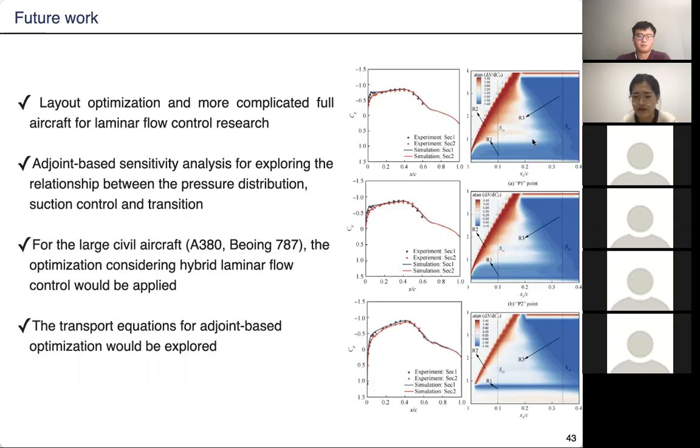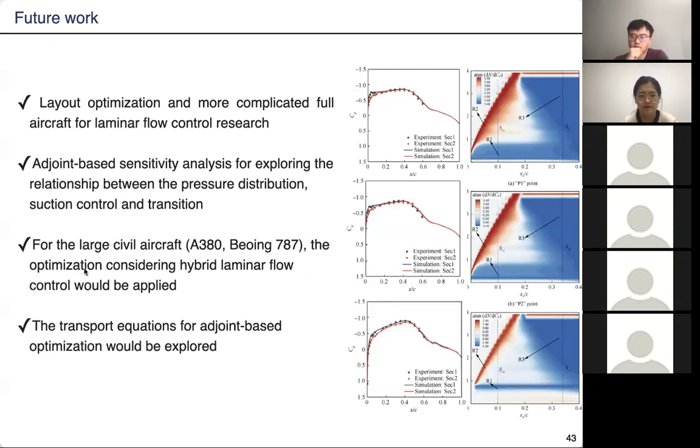This figure shows that I calculated the derivatives of the N factor with respect to Cp, and we can see that the favorable pressure gradient is beneficial for reducing the sensitivity region. So similar research would be carried out in the future.